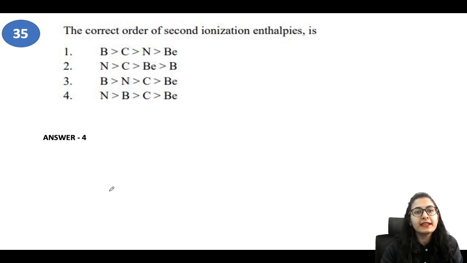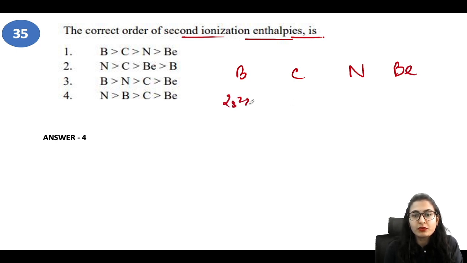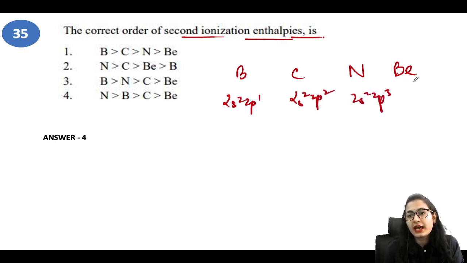Okay. Next one, the correct order of second ionization enthalpies is. So first ionization enthalpy, let's talk about all of these: boron, carbon, nitrogen and beryllium. What is the electronic configuration? This is 2s2 2p1, 2s2 2p2, 2s2 2p3, and this is 2s2.